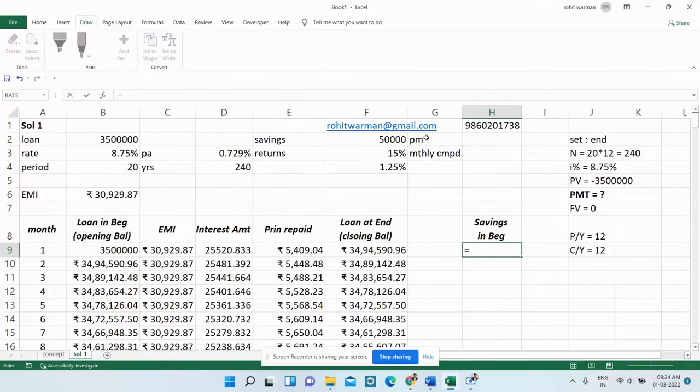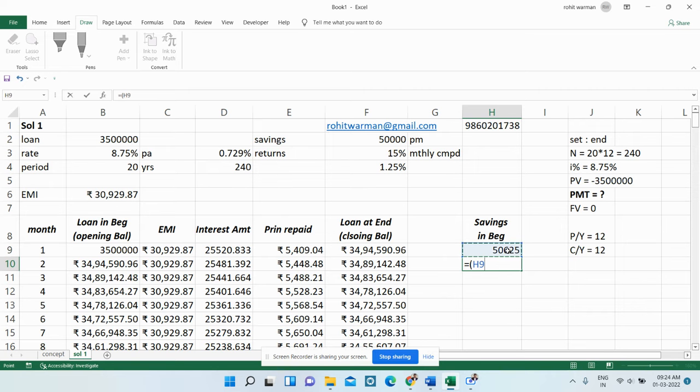So see what I'm doing: this 50,000 is earning 1.25%. This is the first month, 50,000 is earning 1 plus 1.25%, in the beginning. Now, very important, understand this process.